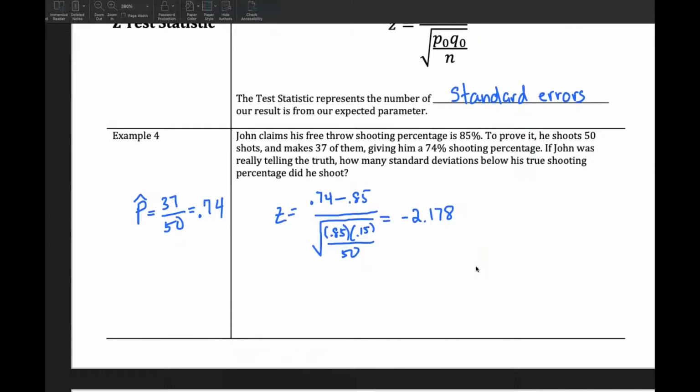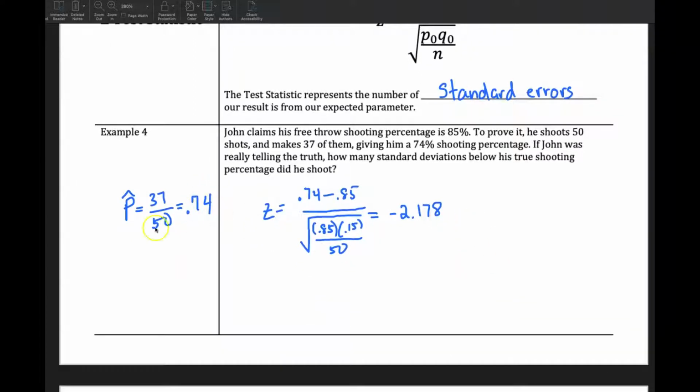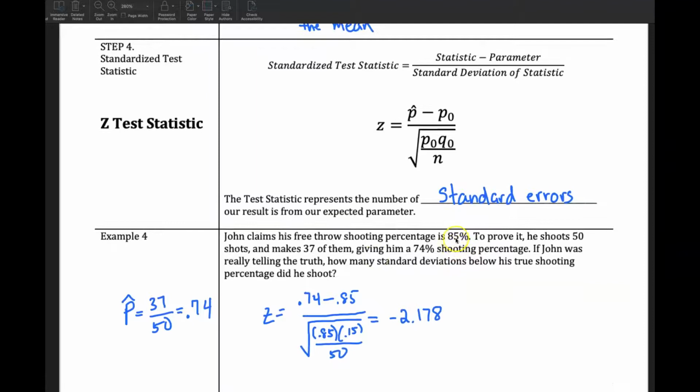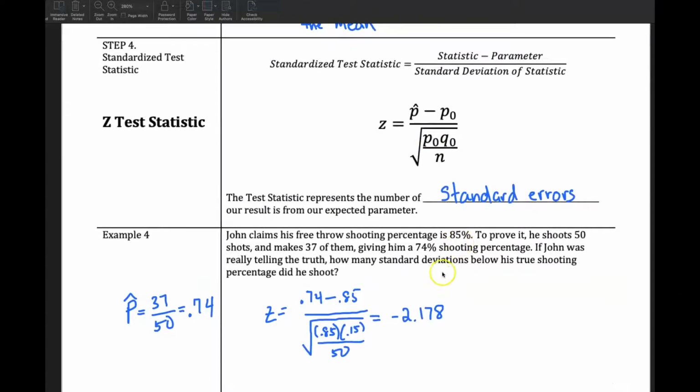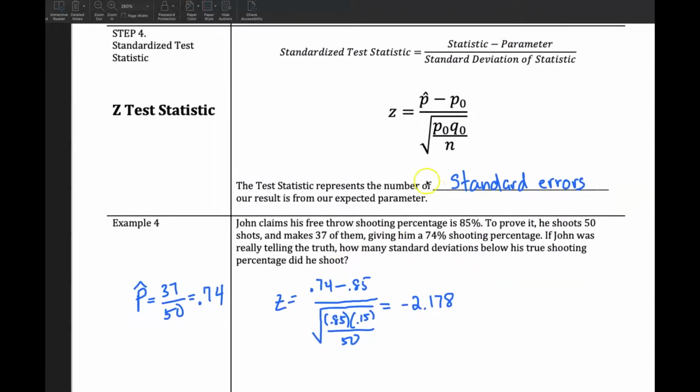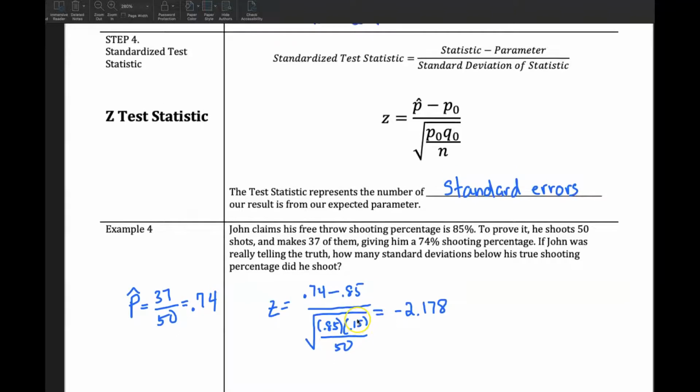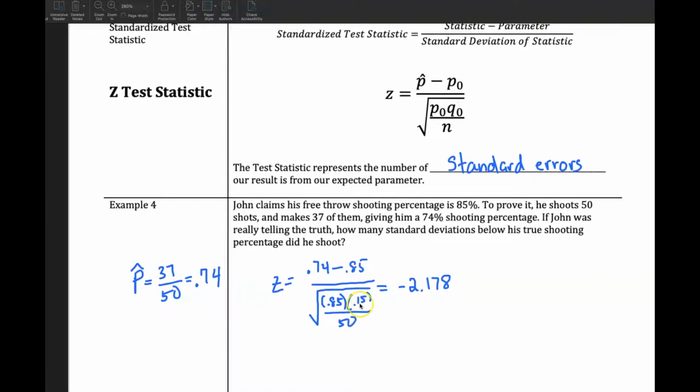And once you have that value, given this situation here, you can see a simple calculation by substituting the values into it. We have this p-value, the claim, the p0, and the q is the complement of that. So if the person claims he's an 85% shooter, the complement, or 1 minus p, is 15%.